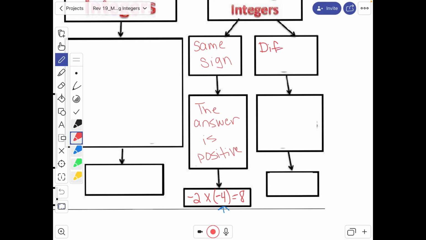Now, there is a rule for when they have different signs. So like if one is positive and one is negative. If they have different signs, the answer is negative.